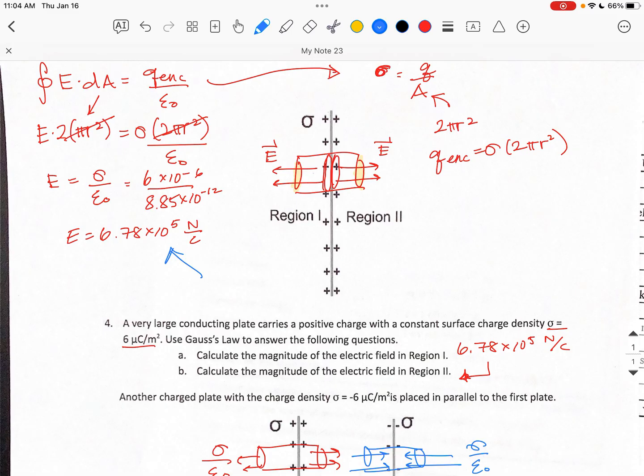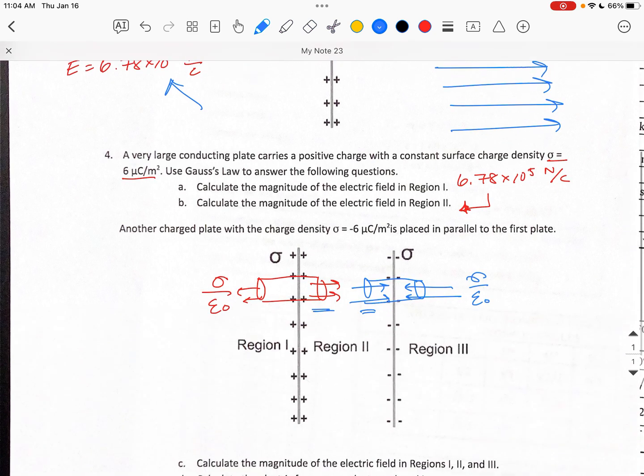So we need to know that for plates, the electric field does stay constant. The lines do not change in density. They stay exactly the same whether I'm all the way out to infinity or really, really close to my plate, which is opposite of a charged sphere or a charged cylinder.